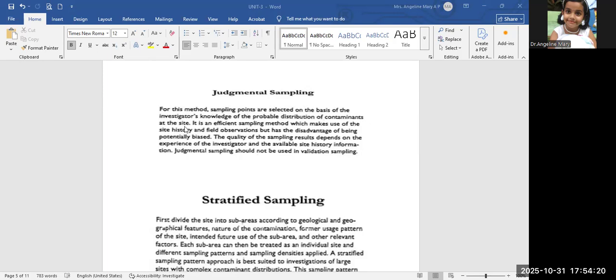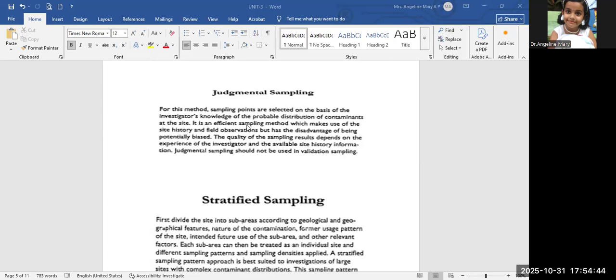We can select the area from nearby industrial areas or any factory, any leather factory, whatever it may be, various different types of factory sites. We can collect the water sample by the investigator's knowledge and analyze the water sample from that. That is called judgmental sampling.